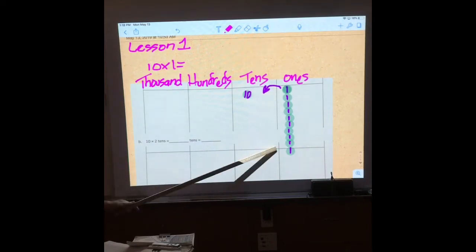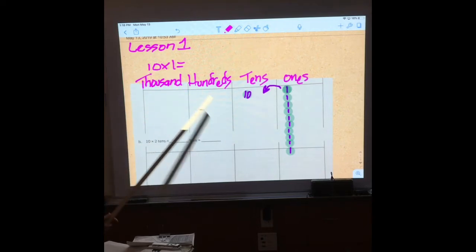So I can write this as 1 times 10 is, I forgot it now. It would be 10 ones, right?